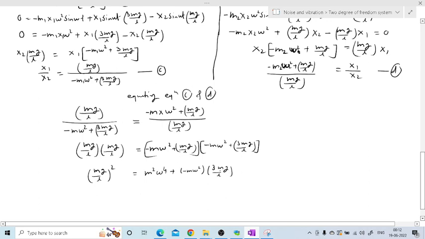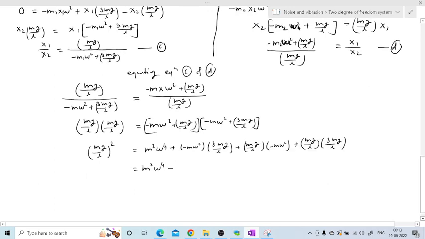Now we'll simplify this one. Just see here, it is m square omega raised to 4 minus. So here you can see m omega square, both the terms are minus. Here we have mg by l, here we have mg by l, means this total term is minus 3 mg by l m omega square, and this term will be minus m omega square mg by l.